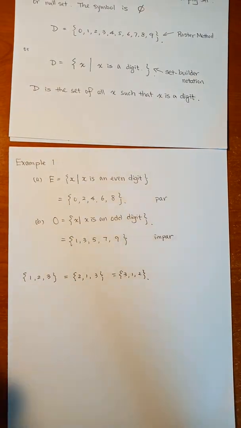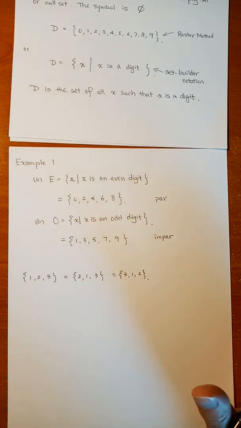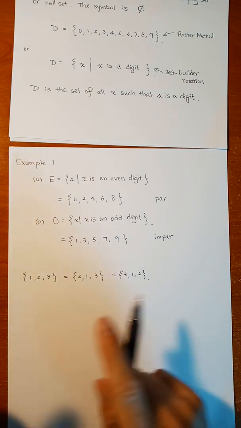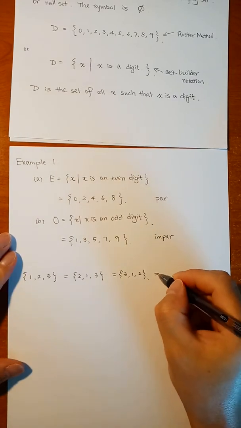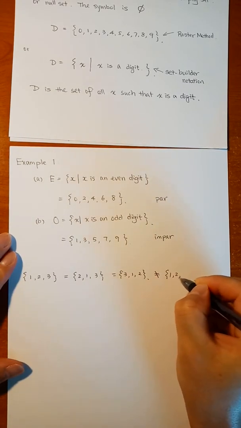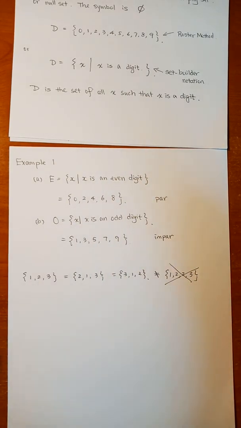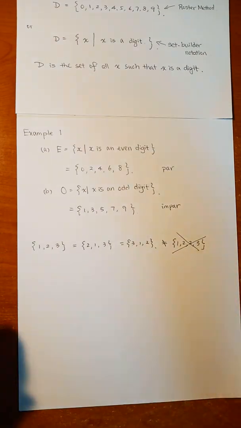We only care about the elements, the objects, but we don't really care about the order when we simply represent a set. But we cannot repeat, so we don't write it this way. This is not correct. You cannot repeat elements. A set just simply has those distinct elements.